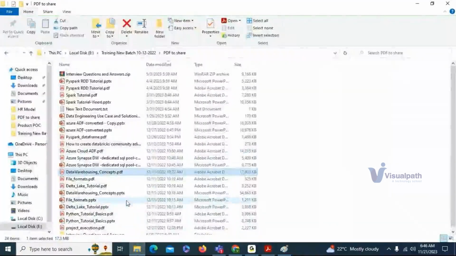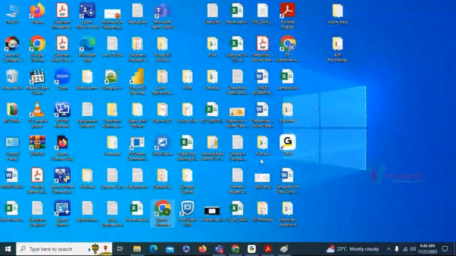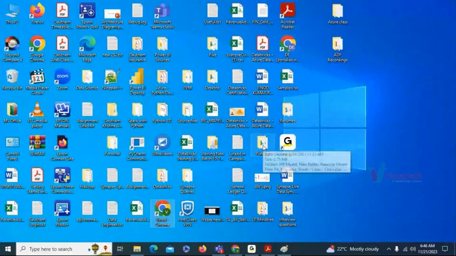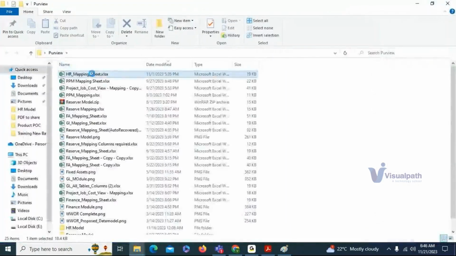Let's say I will take a simple example. I created this for my purpose. This is the HR mapping sheet.